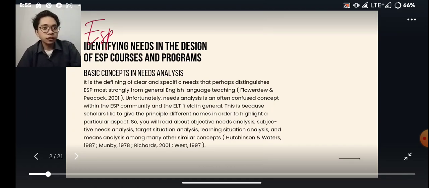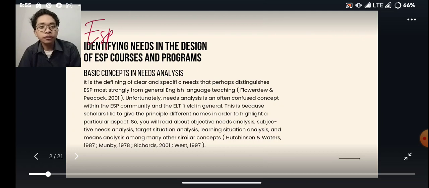Identifying needs and design of ESP courses and programs. We can have a basic concept in needs analysis. It is defining clear and specific needs that perhaps distinguish ESP more strongly from general English language teaching, but unfortunately, needs analysis is an often confused concept within the ESP community and the ELT field in general.